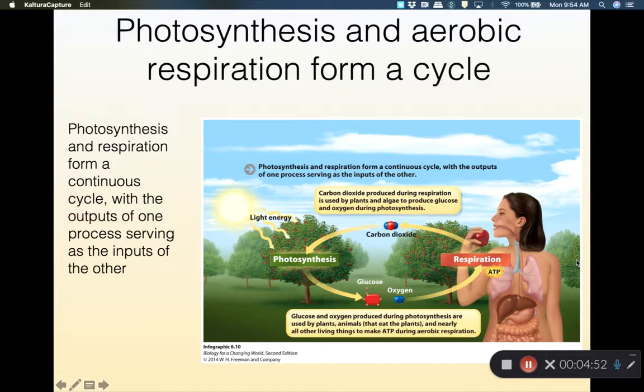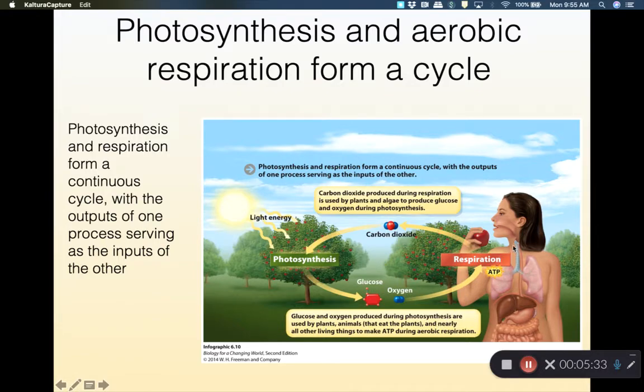I want to zoom out a little bit and discuss these different processes that are happening globally in the environment. Previously, when I first introduced the equation for aerobic respiration, I noted that it was very similar to the equation for photosynthesis, because cellular respiration is in some ways analogous to photosynthesis, in that they need one another in order to create the different products and reactants used for each process.